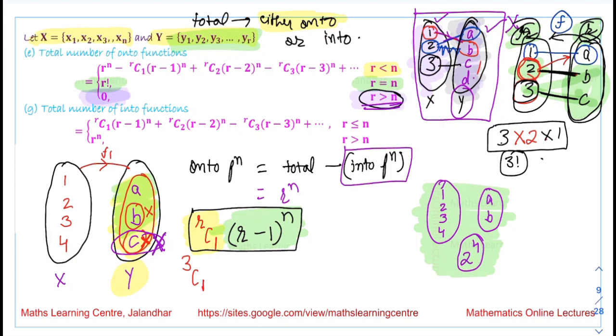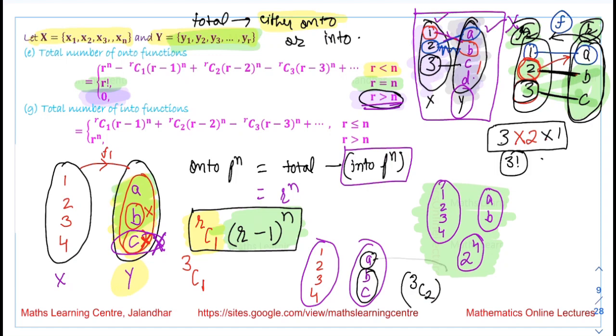Now the next step, again we are considering the same sets. This set has elements 1, 2, 3 and 4, and the second set has the elements A, B and C. Suppose there are two elements which are not having a pre-image. In how many ways can these elements be chosen? We are choosing two elements, so we write 3C2.